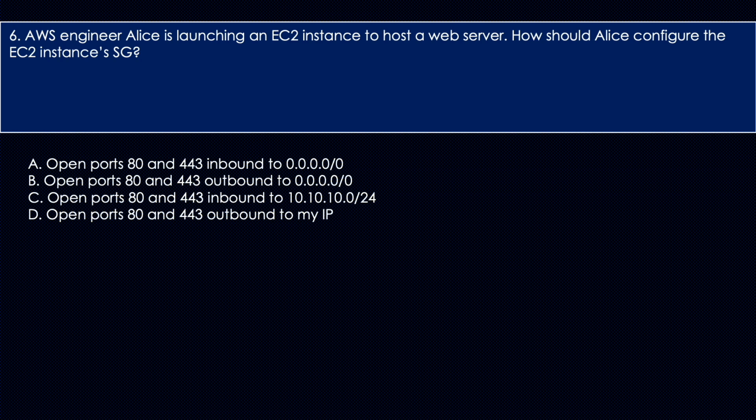C. Open ports 80 and 443 inbound to 10.10.10.0/24. D. Open ports 80 and 443 outbound to my IP. Answer: A. Open ports 80 and 443 inbound to 0.0.0.0/0.